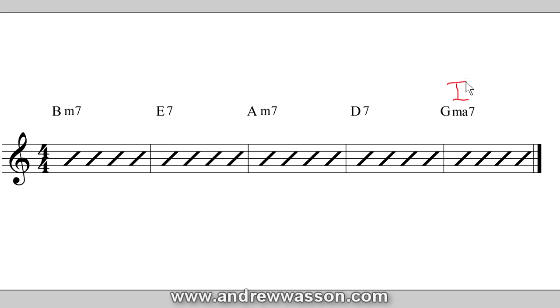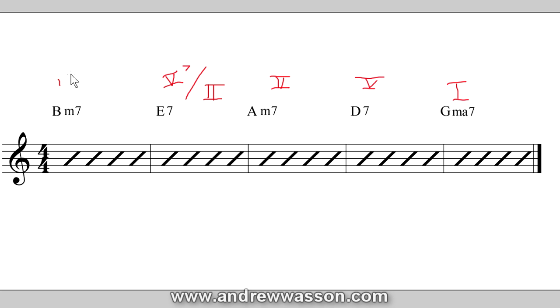So what we've done with this application of secondary dominants here is we've created a 5-7 chord of the 2 chord, and then of course the progression heads to the 2 chord, through the 5 and then the 1.